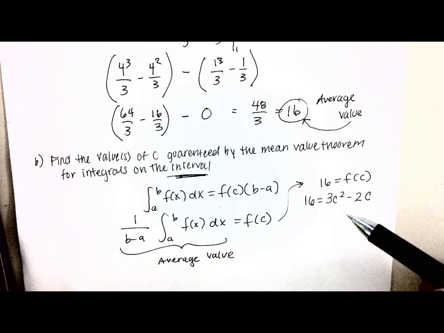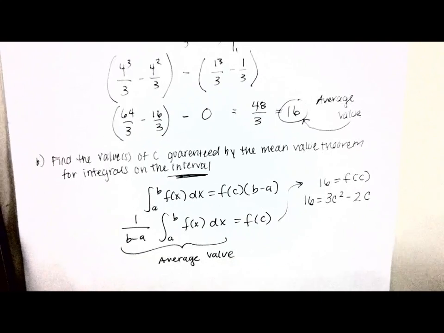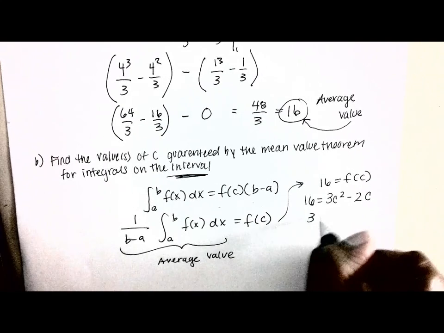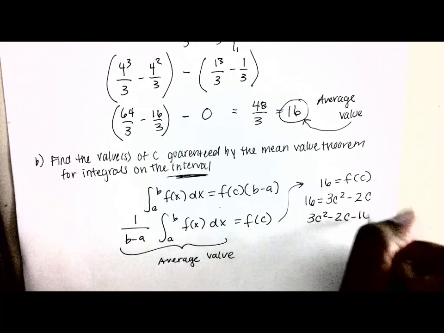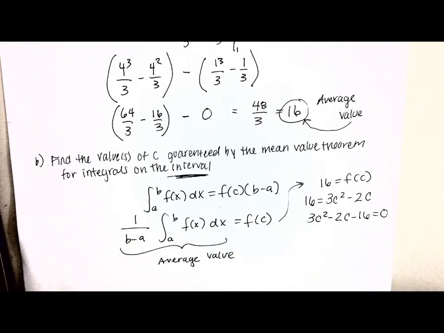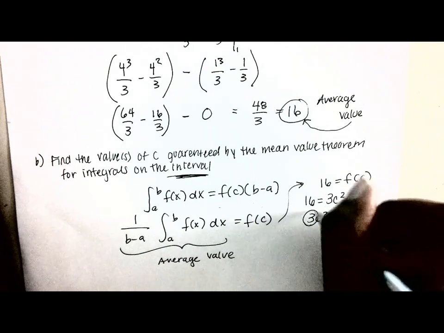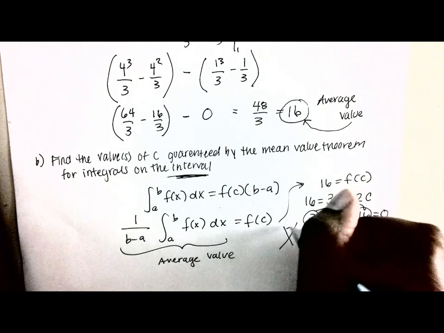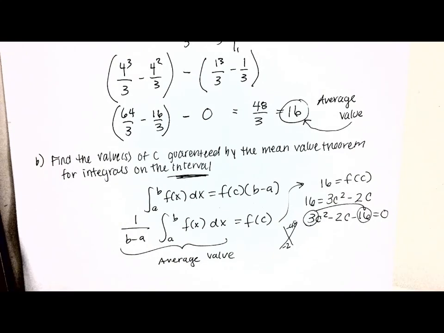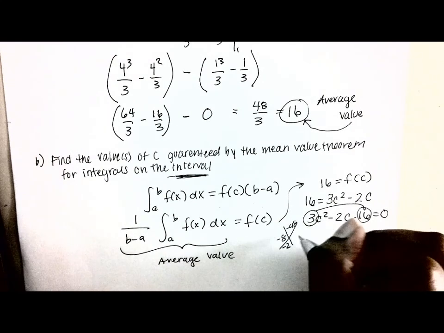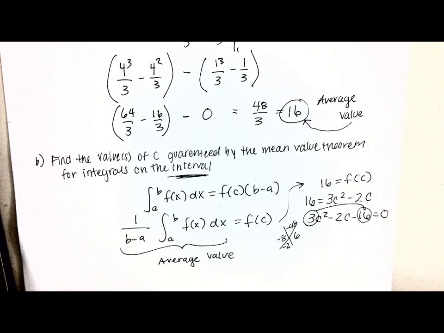I need to factor that quadratic, but I gotta set it equal to 0 first. So 3c squared minus 2c minus 16 equals 0. Two numbers that multiply to give me negative 48 and add to give me negative 2 are negative 8 and 6.